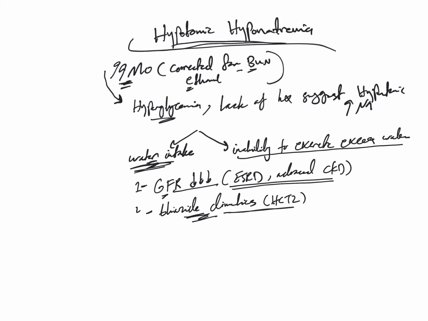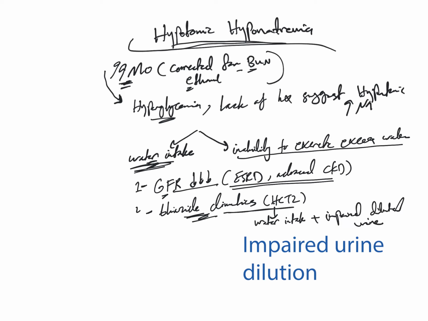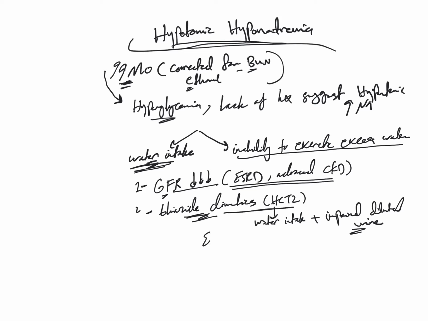It happens mainly in the first few weeks, but could have a late onset as well. What happens here is they continue to have water intake, as we just said, plus impaired urine dilution. So they are not volume depleted, they're not over diuresing. So these patients are euvolemic.